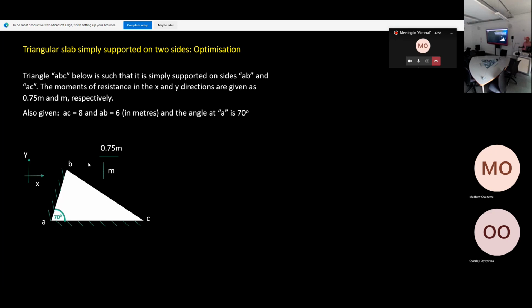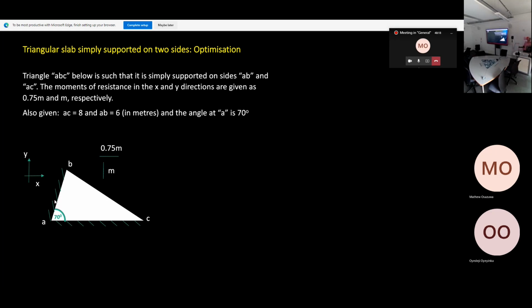The moment of resistance in the Y direction is given as M, and in the X direction it is 0.75 M. So these are given. That's the data we have been given. The slab is subjected to a UDL applied over the entire area.